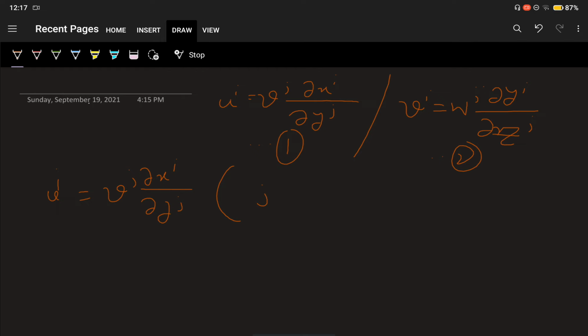So j can be changed to k; the dummy indices can be changed. So vk del xi divided by del yk. The value of vk is wk del yk divided by del zk.